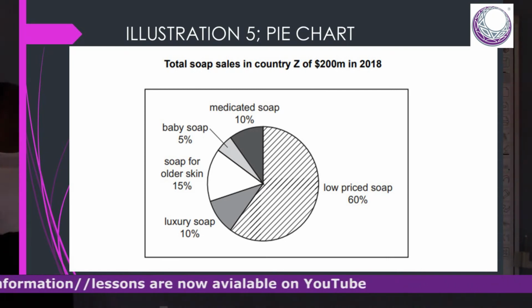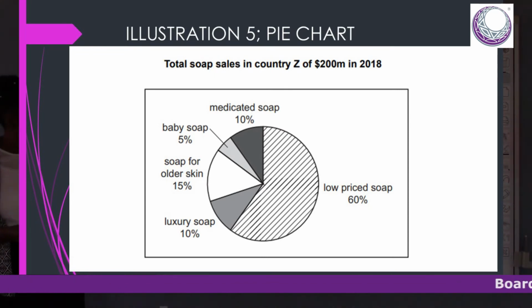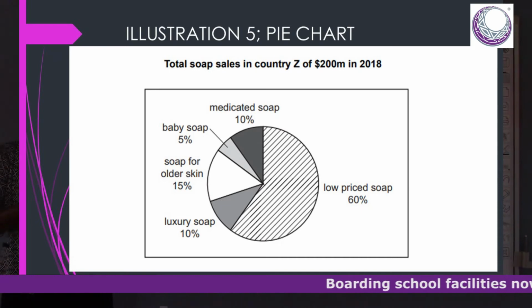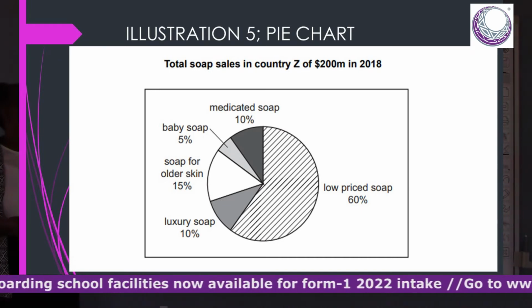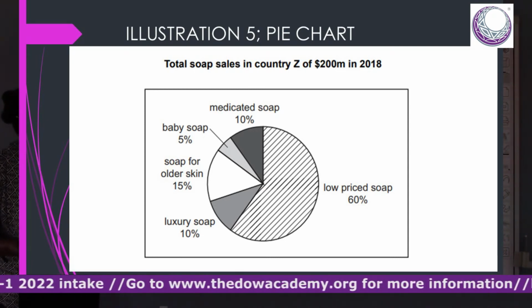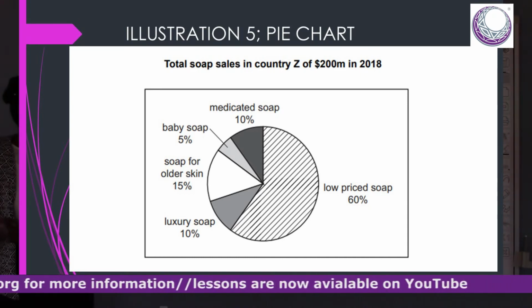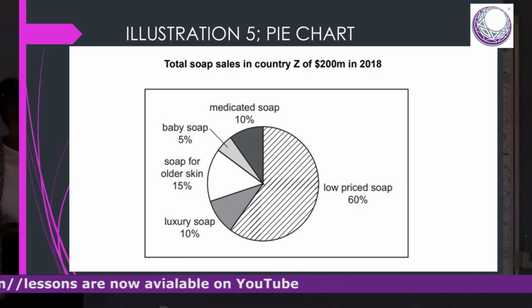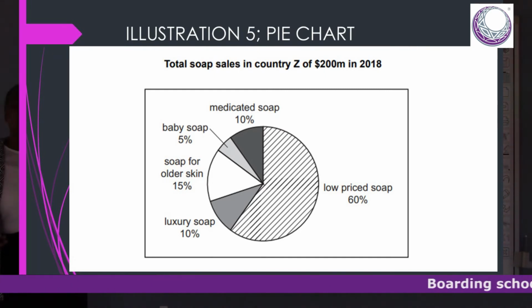Some of the pie charts compare the products for different companies across the market, while others can compare the products for the same company. This one is for the whole industry. Or sometimes it is one company that is selling different soaps. It depends. But anyway, the case study will explain all those things.